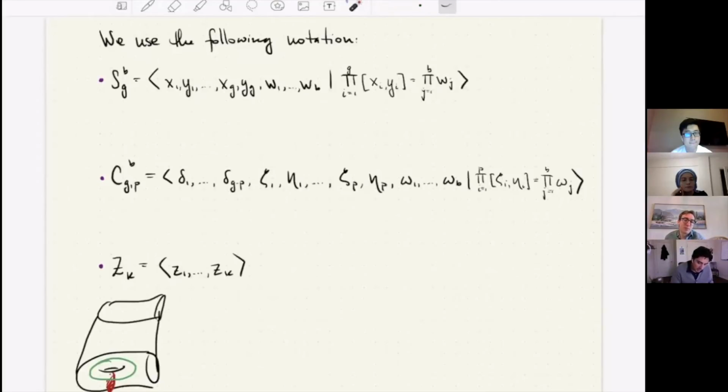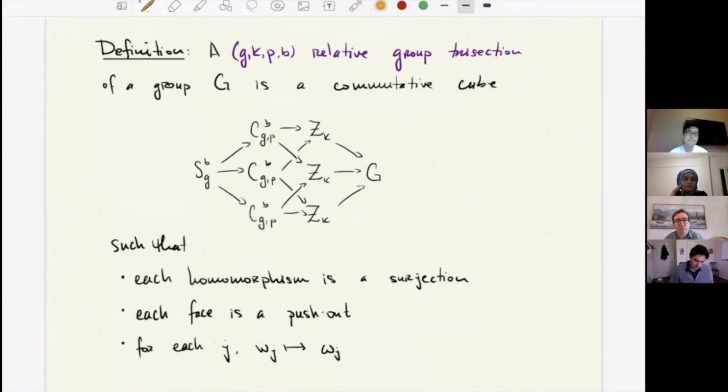And I just want to make sure that under this cobordism, this curve still goes to this curve in general. And that's it. So that's the definition of a relative group trisection.